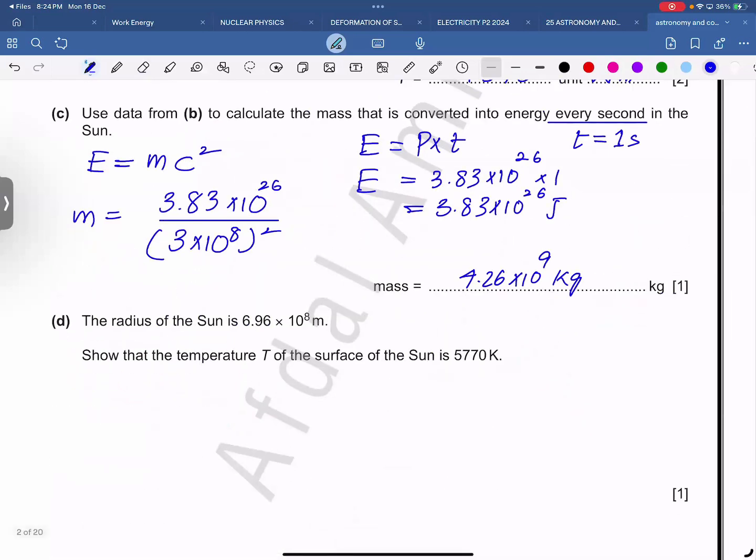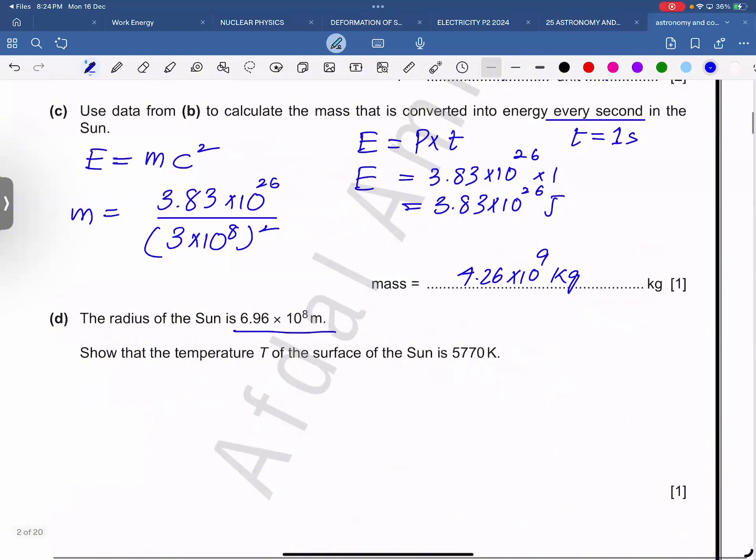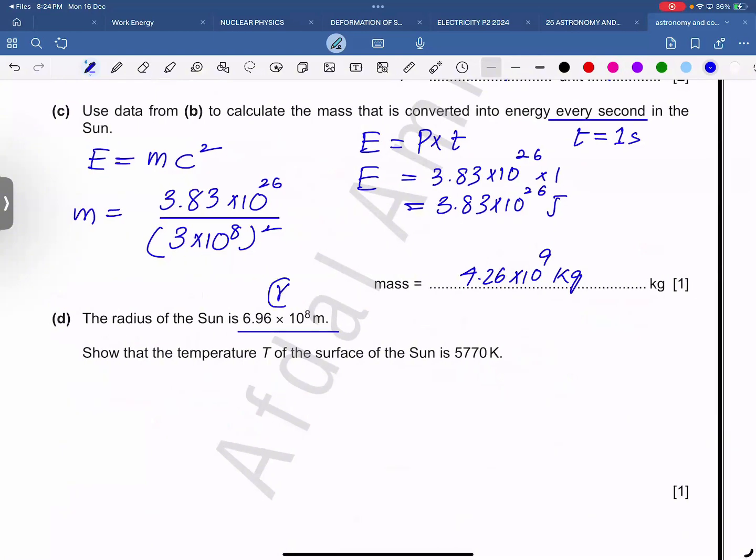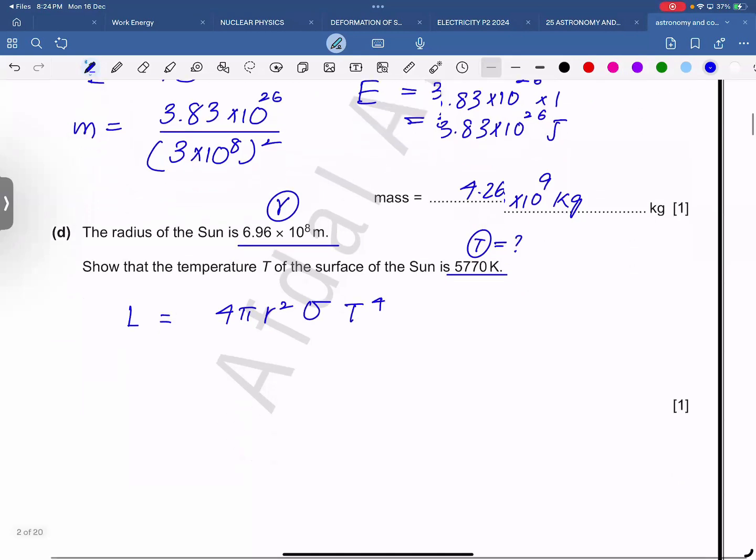The radius of the Sun is this. The radius of any star is related to only one equation, which is Stefan-Boltzmann's law. The surface temperature T is what you want to find. So Stefan-Boltzmann's law says the luminosity of the Sun is 4 pi r square sigma T^4.